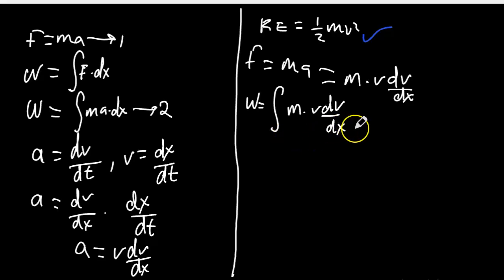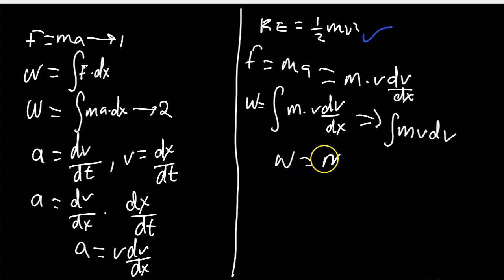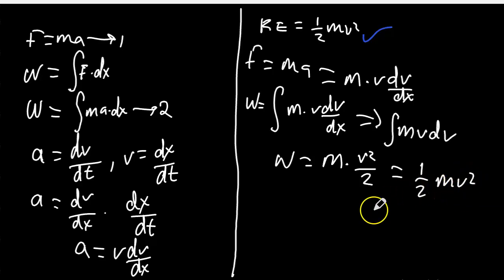Upon integrating this, we have the integral of m v dv. The work done in this system is simply mv squared over 2, which can be written as a half mv squared.